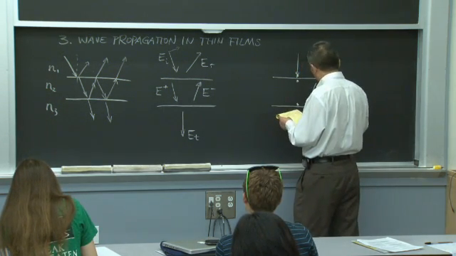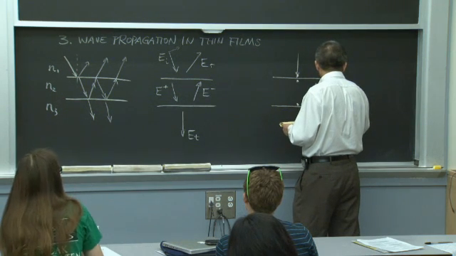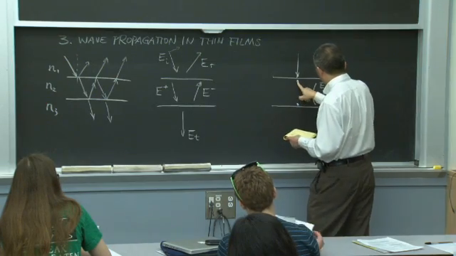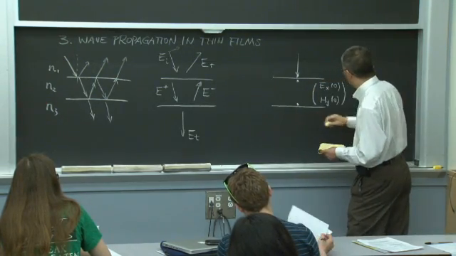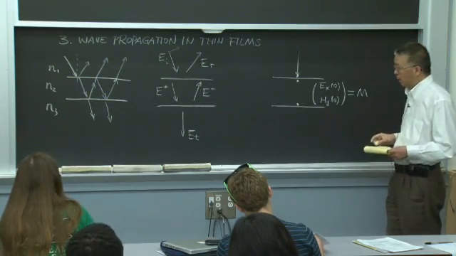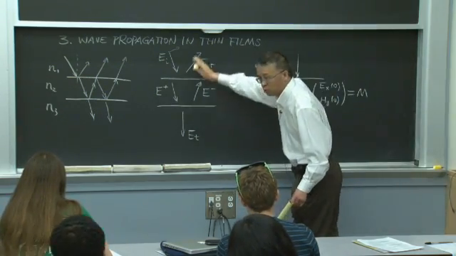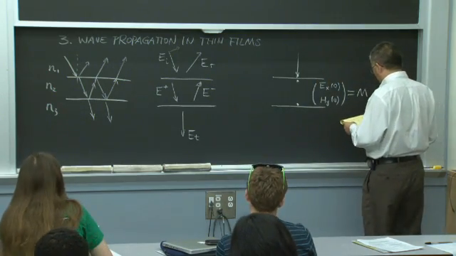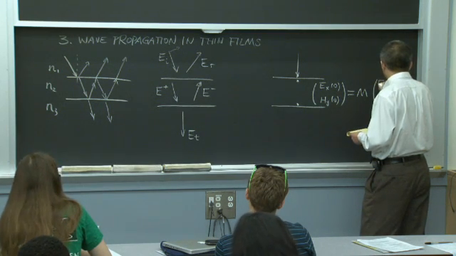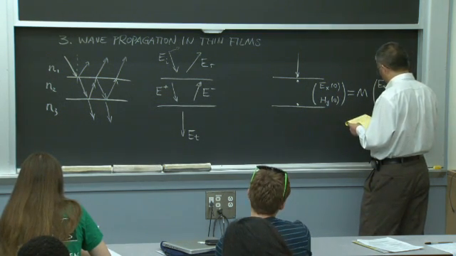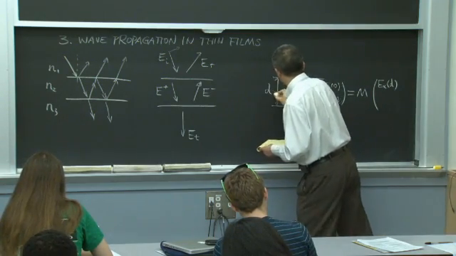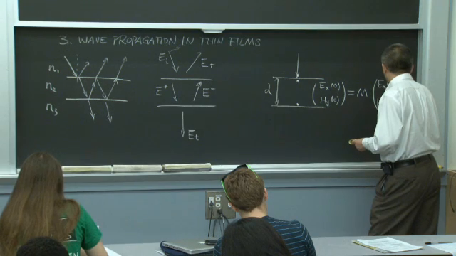Let's say I have Ex0 and Hy0 at this point, related to this point through a matrix. That matrix you can get from the solution of the Maxwell equations. And then at this point is Ex, let's say here I have d, this is the thickness, and Hy at d.